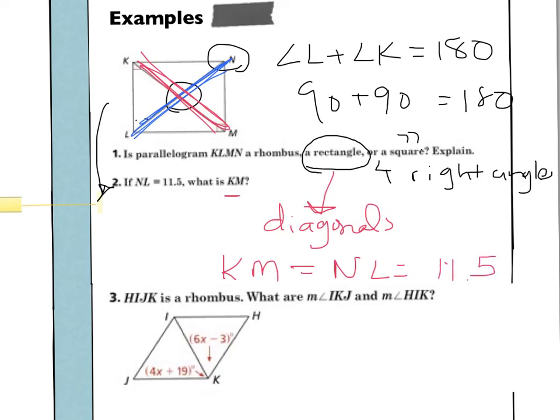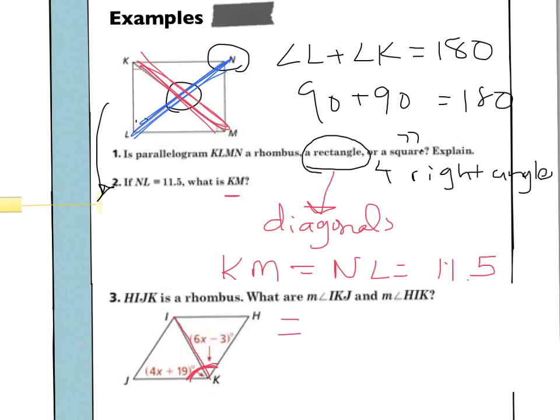Okay. Number 3. HIJK is a rhombus. So what are the measurements of angle IKJ and angle HIK? These 2 angles here. We know with the rhombus that the angles are bisected by the diagonal. So that means these 2 angles are congruent.